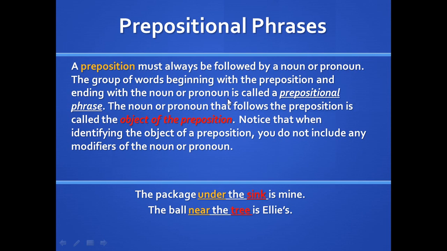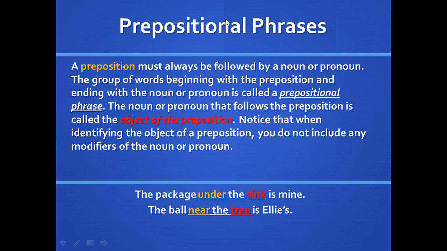Let's understand more about the prepositional phrase. A preposition must always be followed by a noun or a pronoun. So we can't say a preposition and stop, but sometimes it comes at the end. But in order to have a prepositional phrase, we must have a preposition plus a noun or a pronoun.